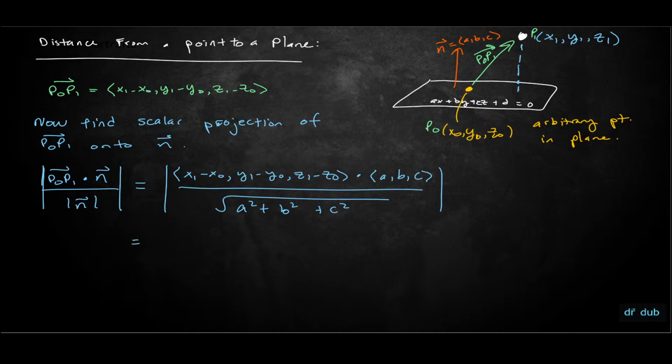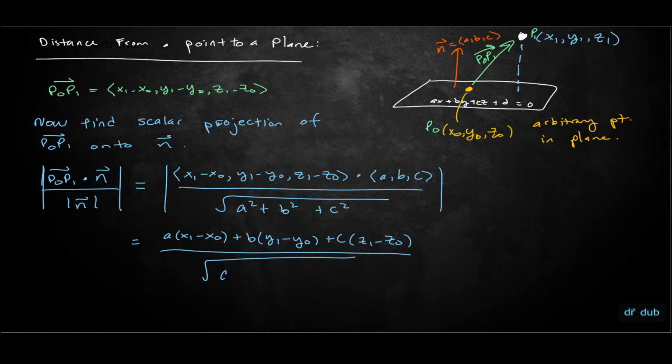And we work that out. That's going to be a times x1 minus x0 plus b times y1 minus y0 plus c times z1 minus z0, all over the square root of a squared plus b squared plus c squared. And we're taking the absolute value of that.